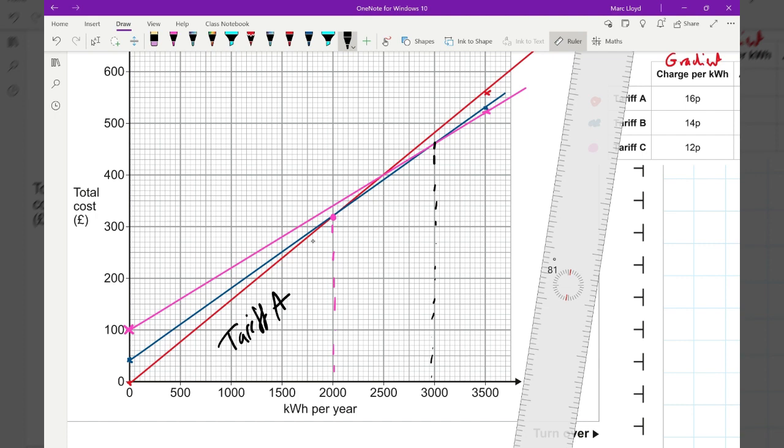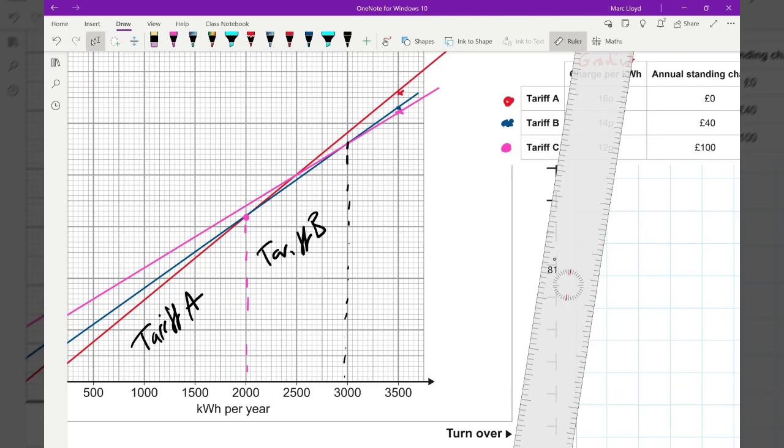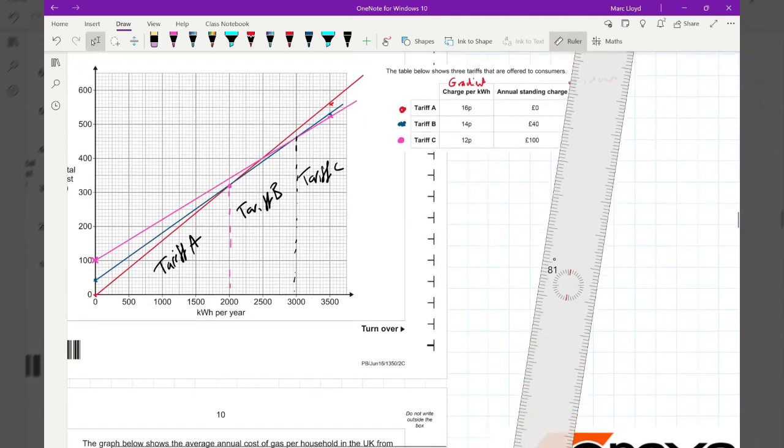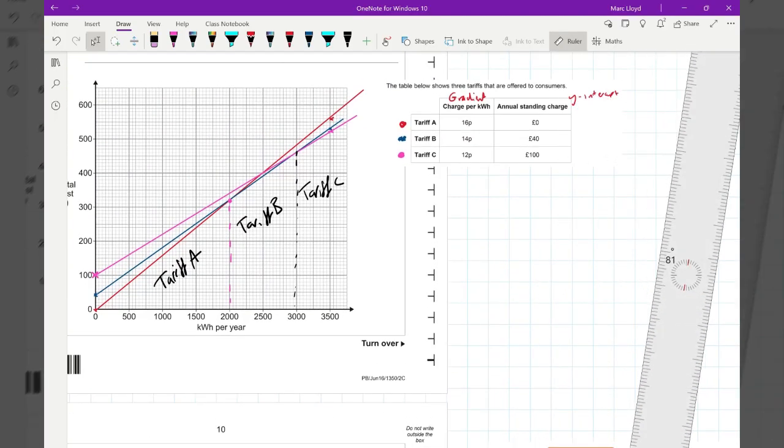So tariff A is the best one, that's the lowest line. Get to this crossover point and then it's blue, so that's tariff B. And then from this crossover point, tariff C is the cheapest. And this is actually spot on.